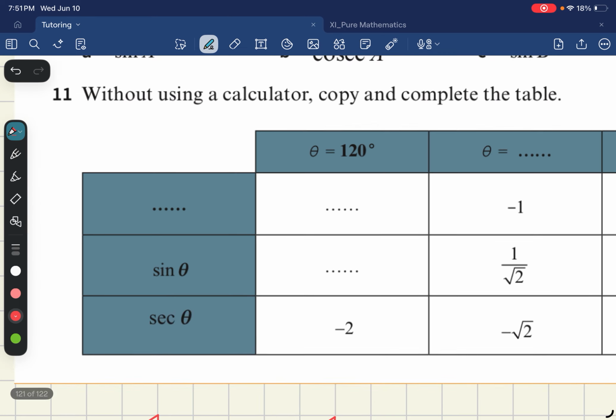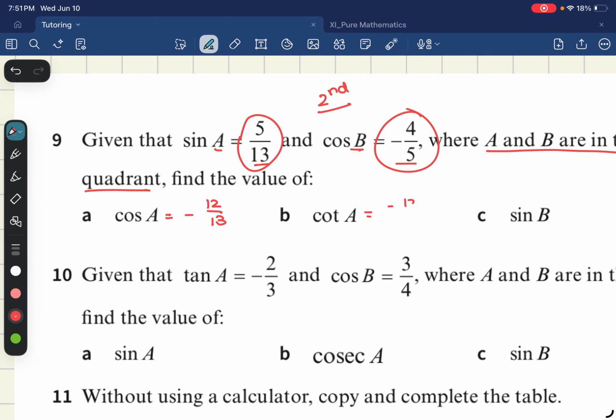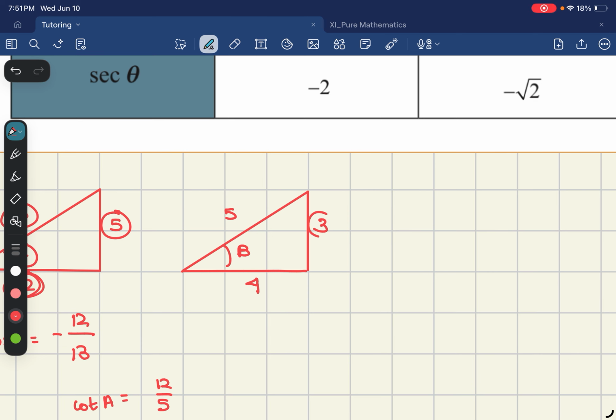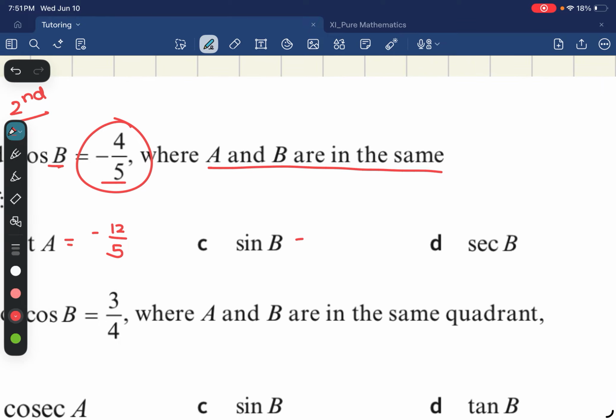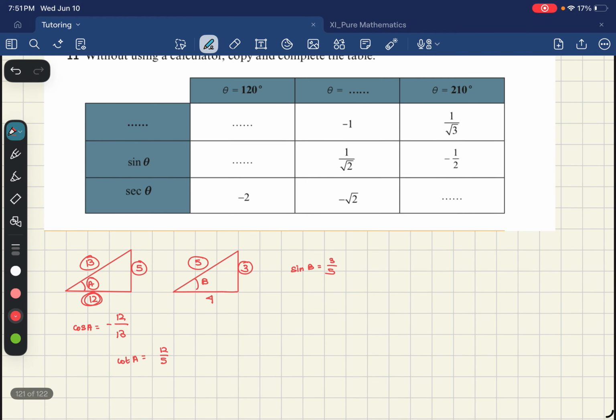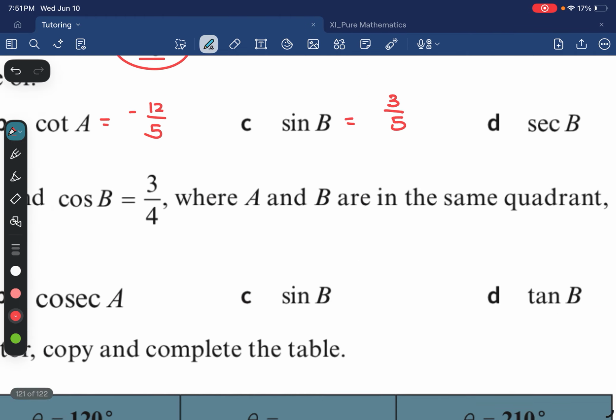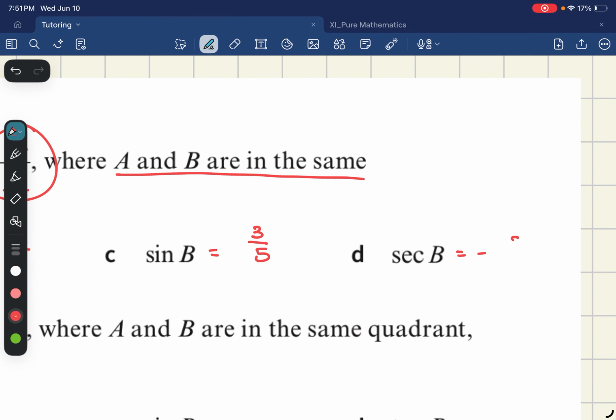And it's in the second quadrant, so it's negative again. So negative 12 over 5. Sine B. Sine B is opposite over hypotenuse. And it's positive because it's in the second quadrant, so 3 over 5. And secant B. How do we find secant B? Secant B is hypotenuse over adjacent. And then it's in the second quadrant, so it has to be negative 5 over 4.